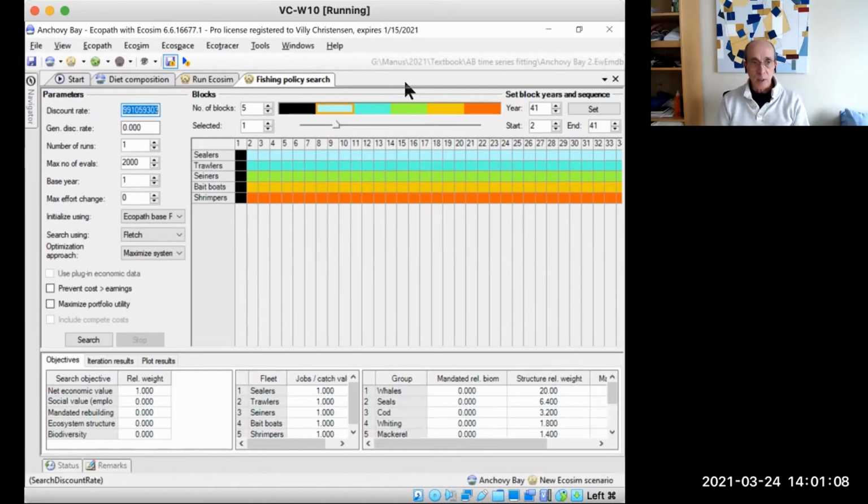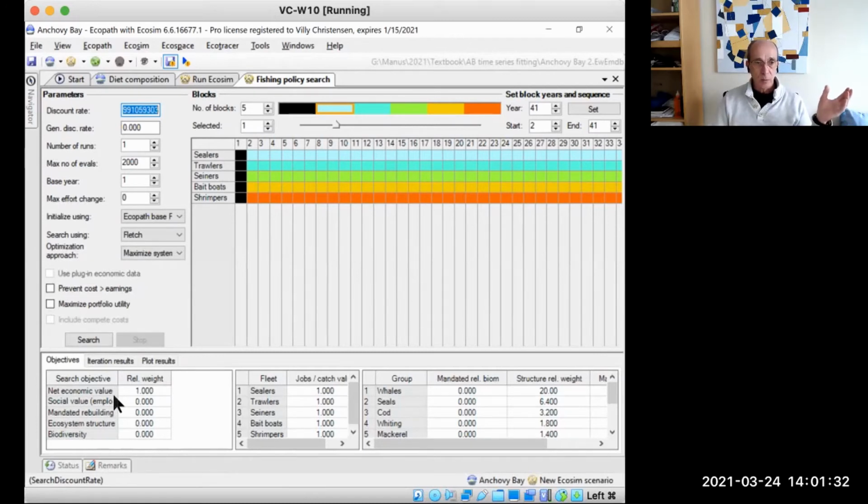And the something we can optimize for is what you see down here in the lower left, the search objective. Net economic value, that's profit. That's the thing that would pull the ecosystem in one direction. That's going to lower the effort and make those who are fishing make more money. That's one aspect of having lower effort.